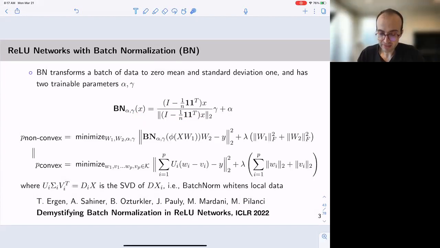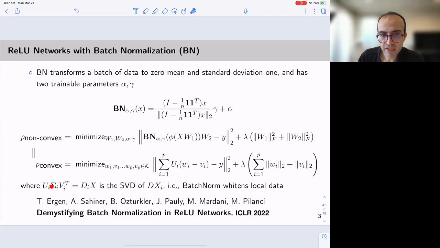So it turns out, very interestingly, if you add this batch normalization after ReLU and train all parameters now with standard regularization, there's a convex program, which is the same as before. But what changes is we have U_i here instead of D_i times X. And what is U_i? U_i is essentially the D_i X from before, SVD'd, and you take the left singular vectors.